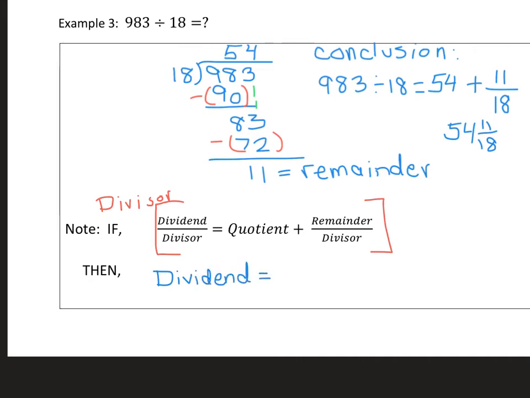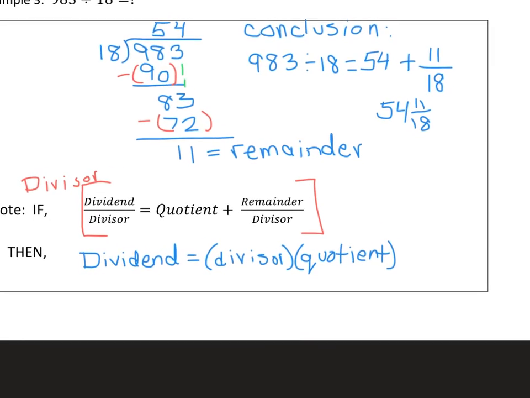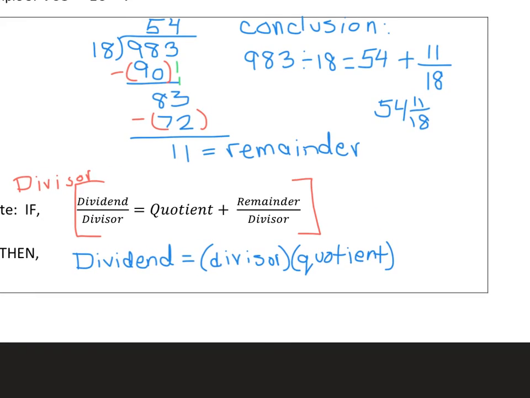Likewise, if I multiply the quotient by the divisor, I'm going to end up with the divisor times the quotient. And if I multiply the remainder over the divisor by the divisor, the divisors are going to cancel.